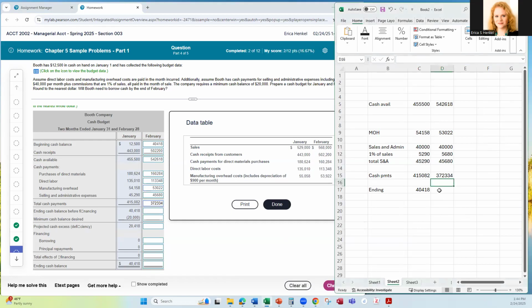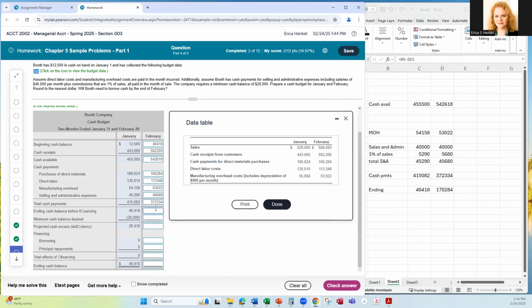So then our cash balance is going to be our cash available again minus our cash payments, which gets us to 170,284 minus our minimum cash balance means we have an extra payment this month of dividends. So we're not going to need to borrow.